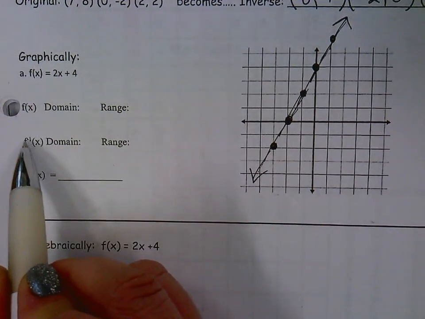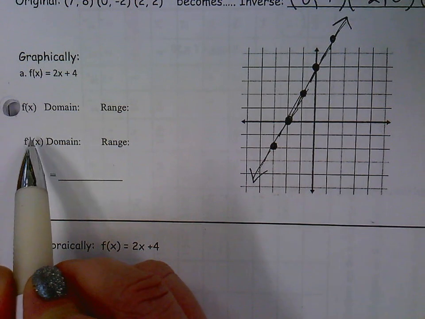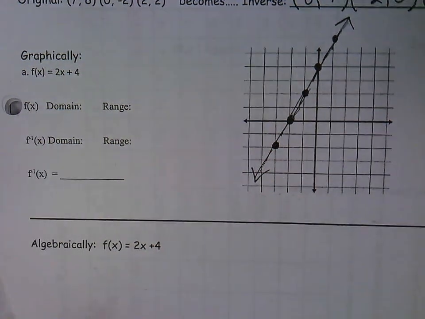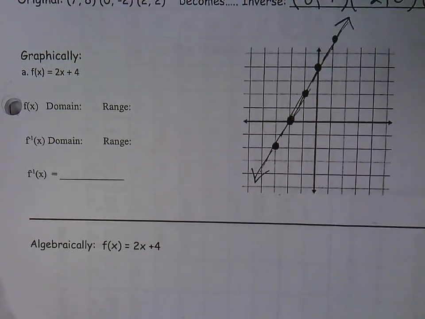You see this little f -1? That's called the inverse. Oh, this is what I hate in math. Ready? What did we just learn that this is? 2 to the negative first means what? A fraction, 1/2. Well, guess what?